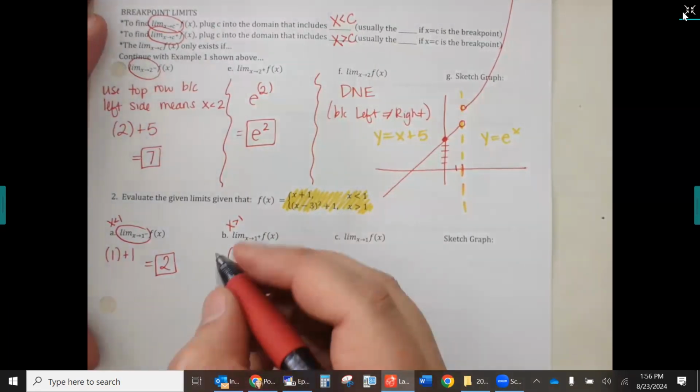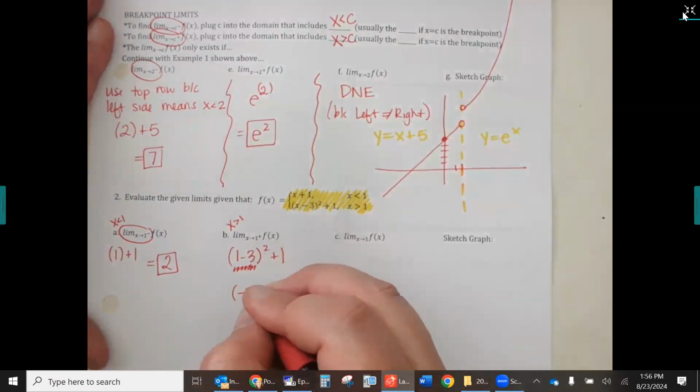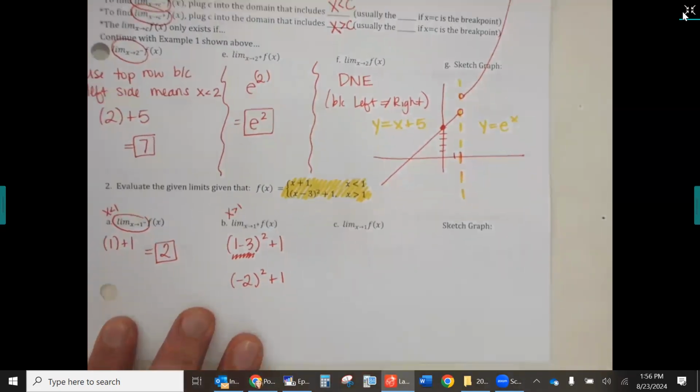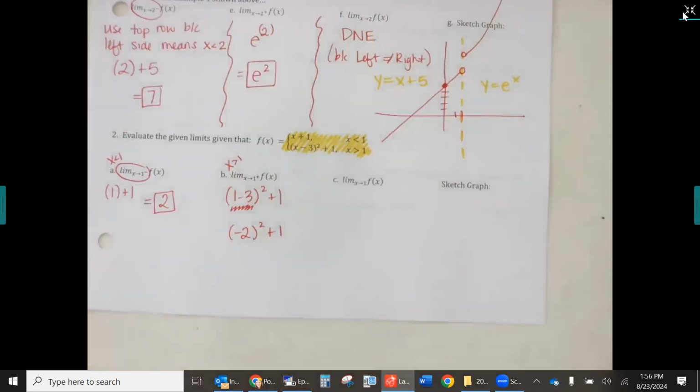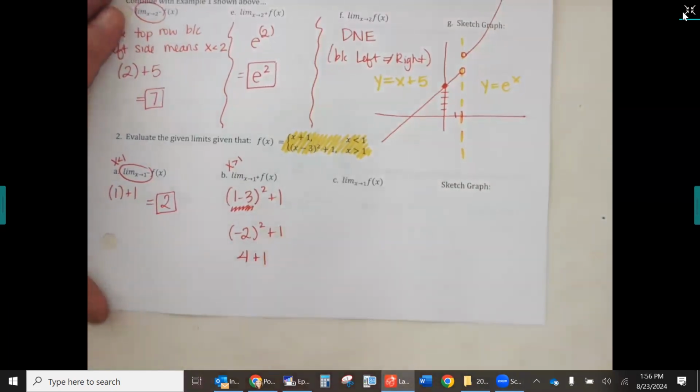What is 1 minus 3 in parentheses? So I want -2 squared plus 1. And then remember that when you square -2, that would be -2 times -2. What happens to your sign? Okay, it is going to come out to be a positive 4 plus 1. And then 4 plus 1 is 5.